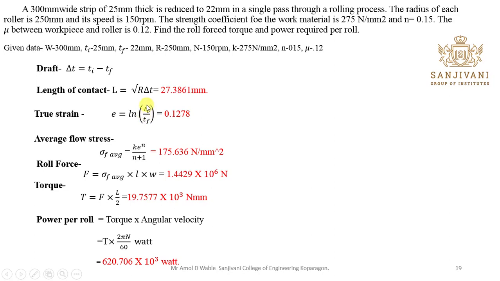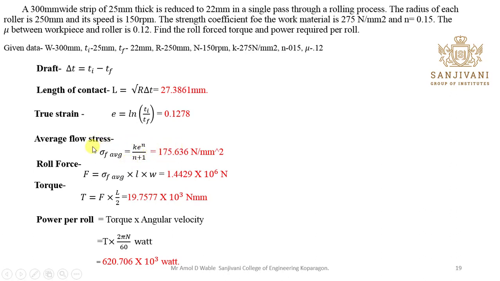Remember that when putting these values in the calculator, you put the brackets. Once you put the brackets, only then will you get the exact answer. Sometimes if you forget to put the brackets, the values will change. Then the average flow stress is K e raised to n divided by n plus 1.